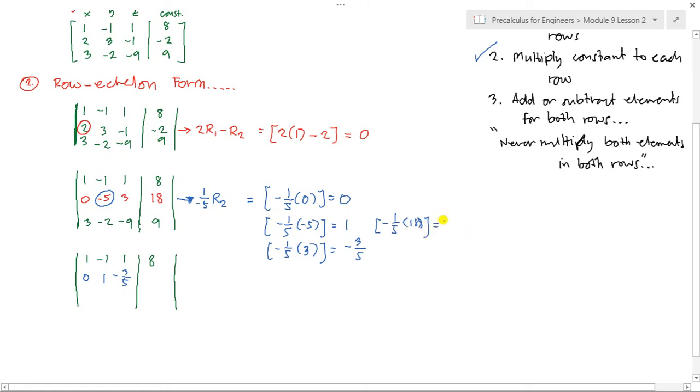So the answer here is negative 18 over 5. Got it? Negative 18 over 5. Then next, copy the third row elements: 3, negative 2, negative 9, then 9.